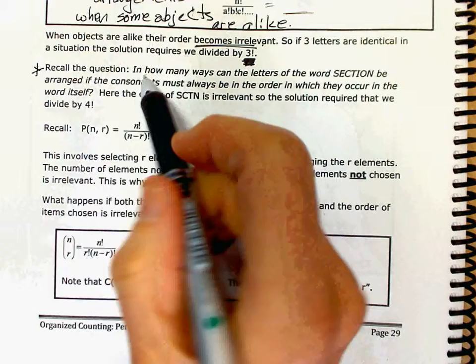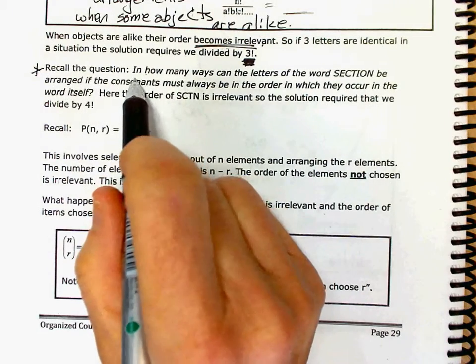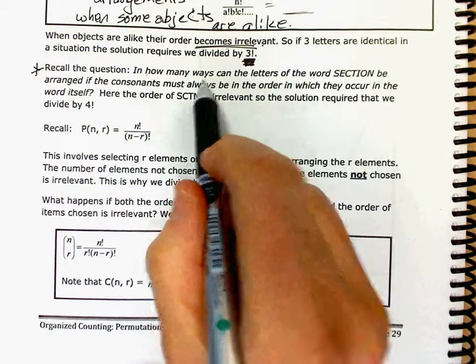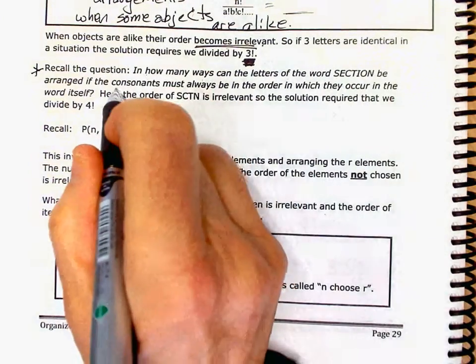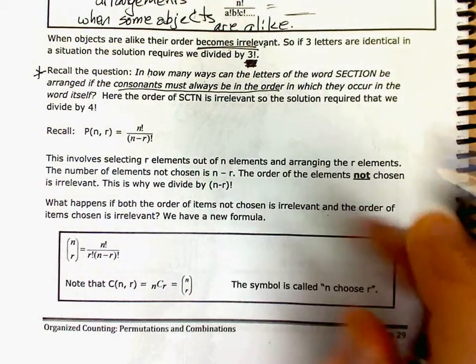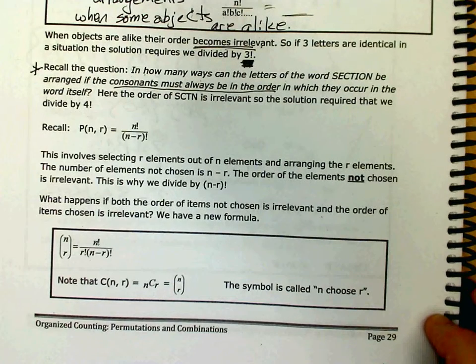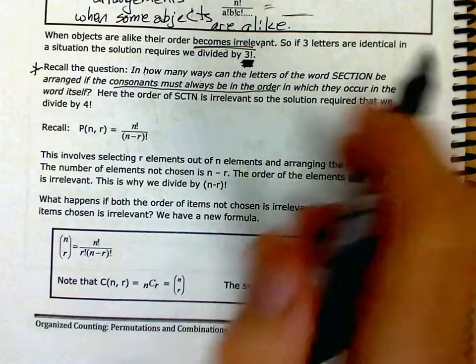You had a homework question which asked, in how many ways can the letters of the word section be arranged if the consonants must be in the same order, right? In which they occur in the word itself.